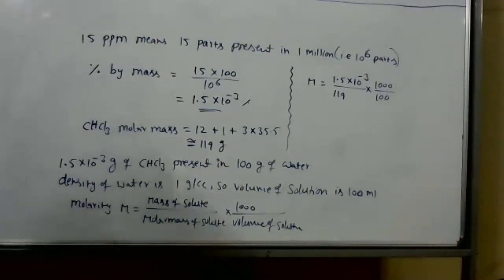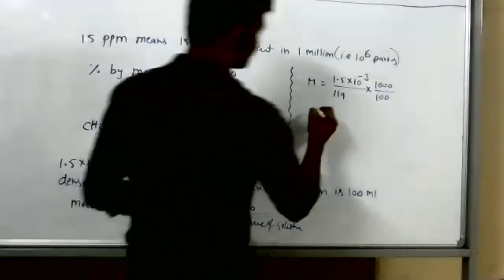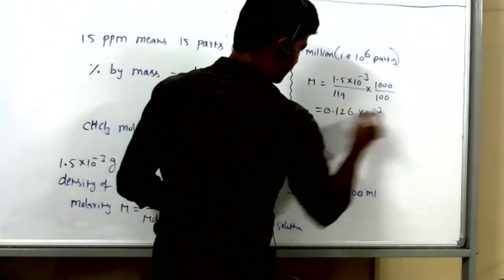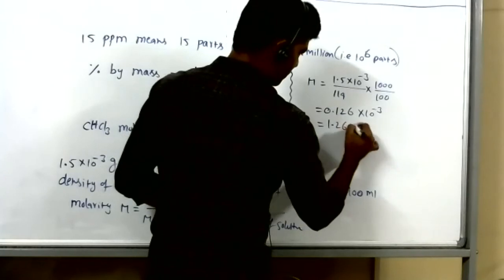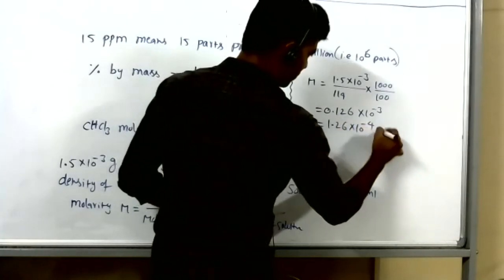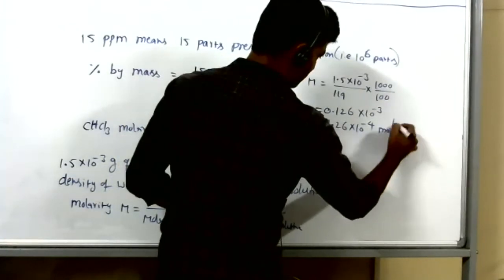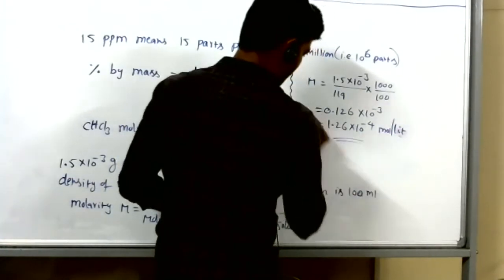So 0.126 into 10 power minus 3, that is 1.26 into 10 power minus 4 mole per liter. This is the molarity of the solution.